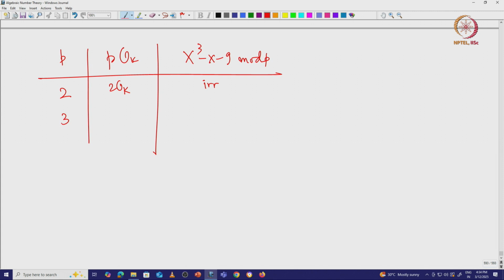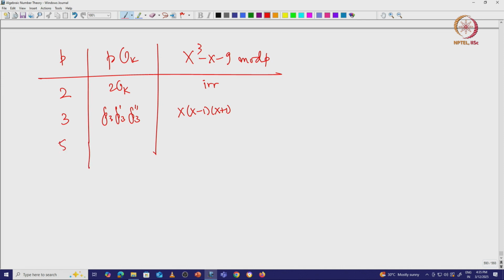If it is 3, then you see it factorizes as x into x squared minus 1, so x minus 1 into x plus 1, and so this is P3, P3 prime and P3 double prime.